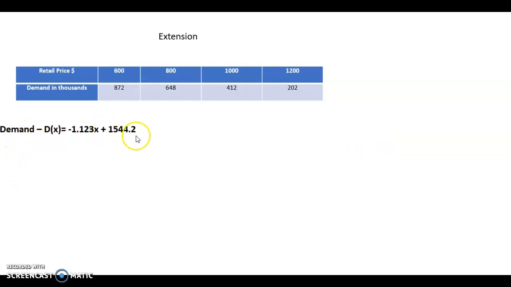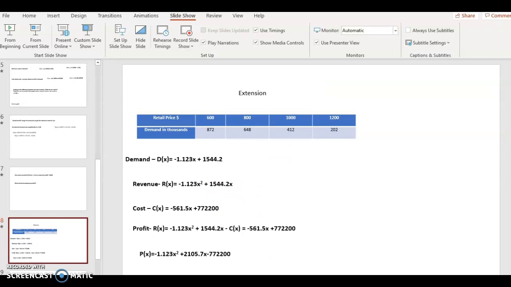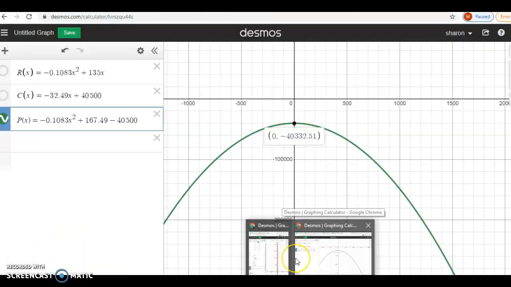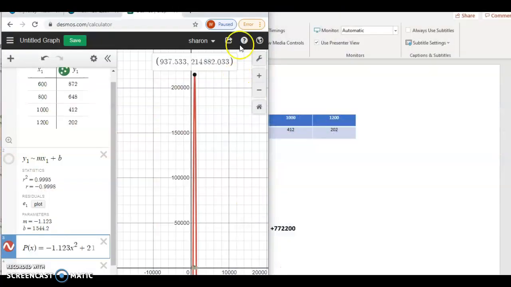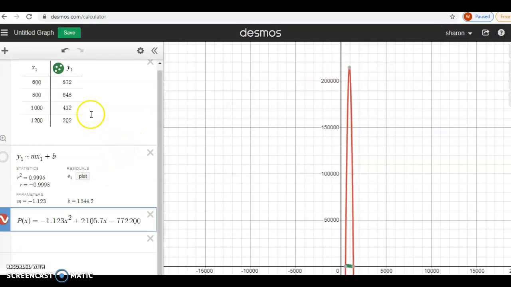This is the demand equation right here. And so we plug in the numbers right here, 672 all the way down here, and then we get the mx plus b right here, and we use that for our demand equation.